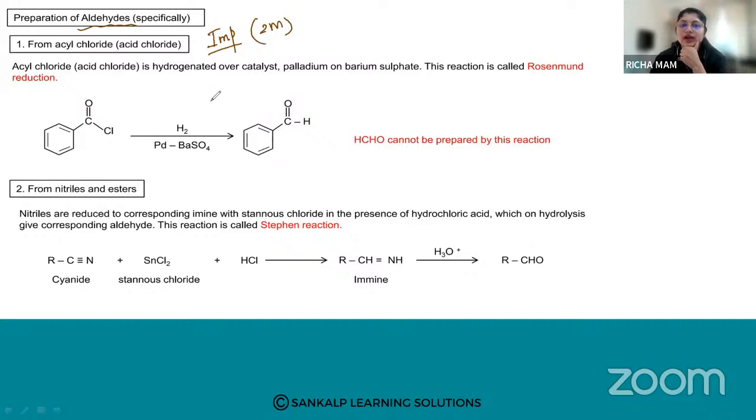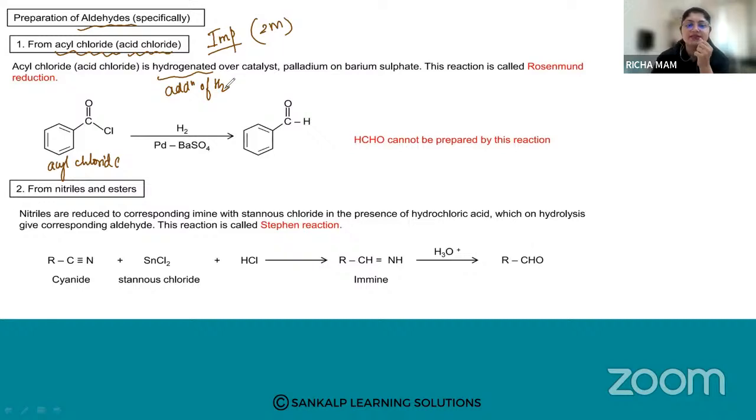Preparation of aldehydes from acyl chlorides, also called acid chlorides. We take an acid chloride, or acyl chloride, and we do hydrogenation, which means addition of a hydrogen molecule, over a catalyst.